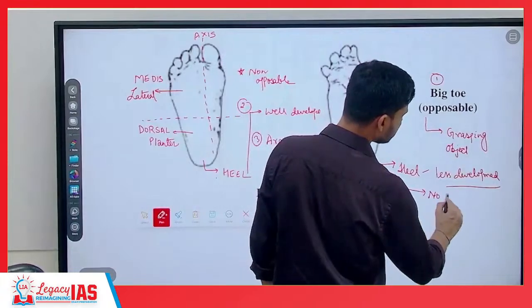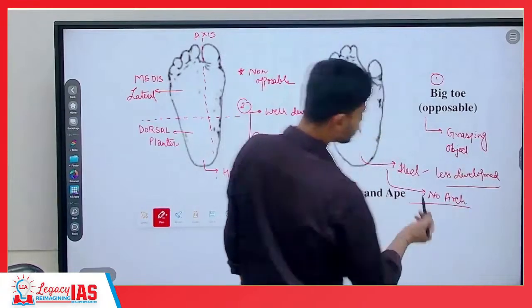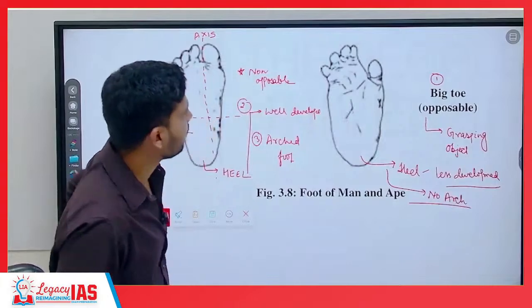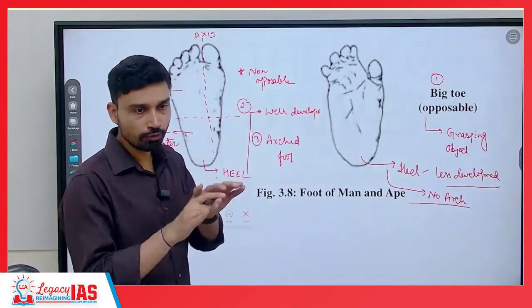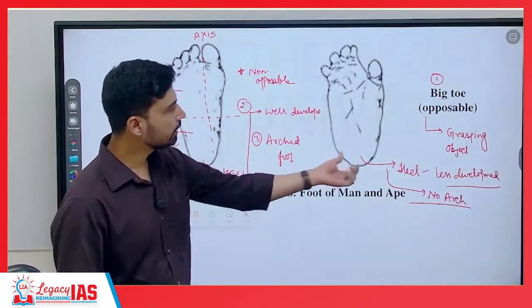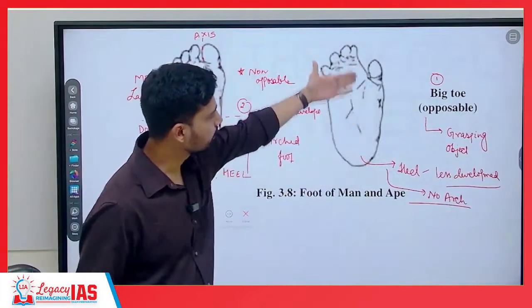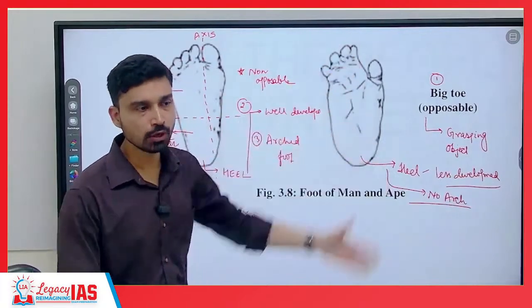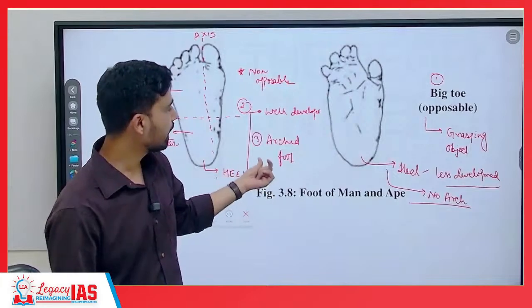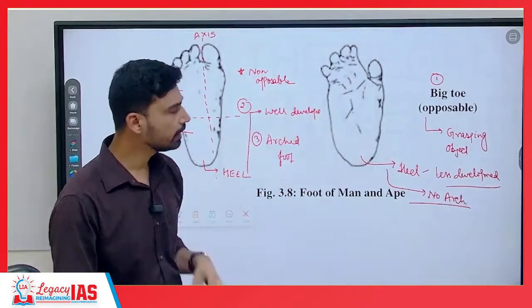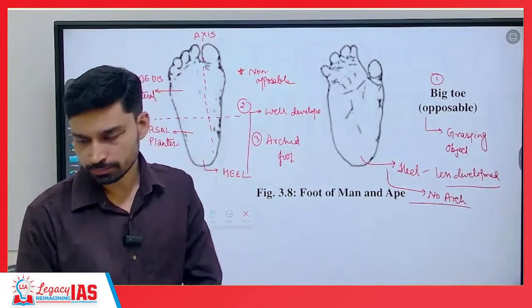The third difference is in the shape or structure. In man, as we know, our foot has an arch-like shape. In the apes, it is very flattish, without any arch. So in man, arched foot; in the apes, the arch is absent.